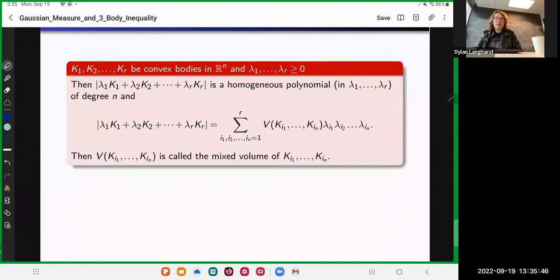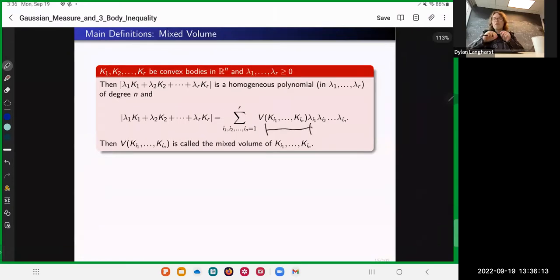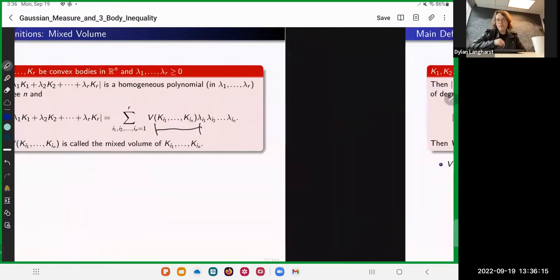If I have convex bodies K1 up to Kr and coefficients lambda 1 up to lambda r, and I sum them up and take their volume, I can expand this as a homogeneous polynomial, and we call the coefficients of this homogeneous polynomial the mixed volumes of the convex bodies, and you sum over all possible combinations.